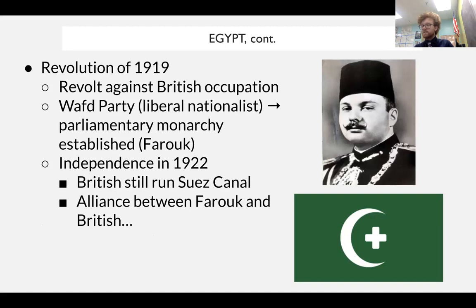In 1919, Egypt is not going to be present at the Paris Peace Conference. We are going to see this absence of local Egyptians at the Paris Peace Conference. So we are going to see a revolt in Egypt against the British military occupation.